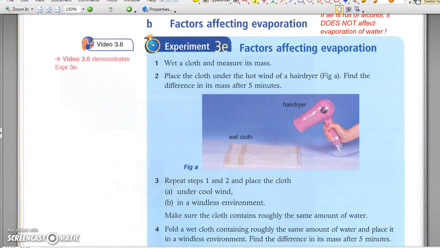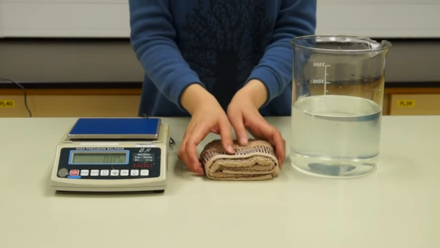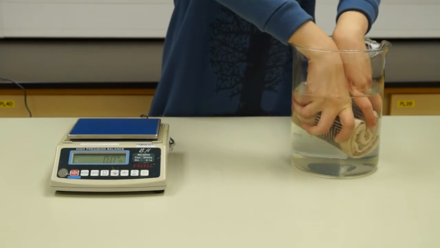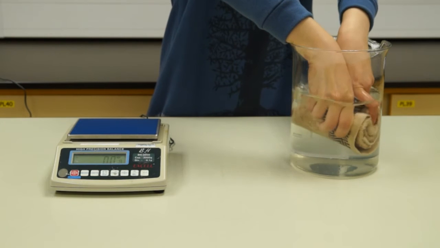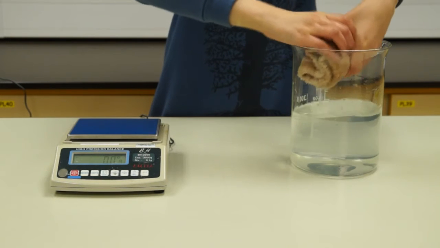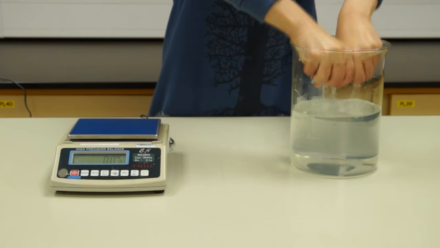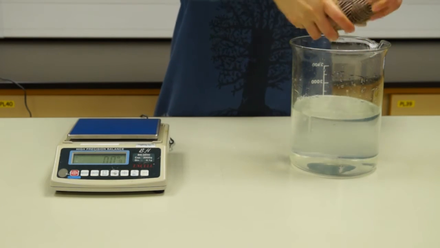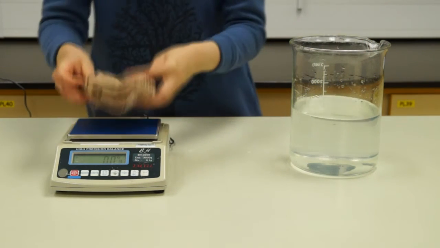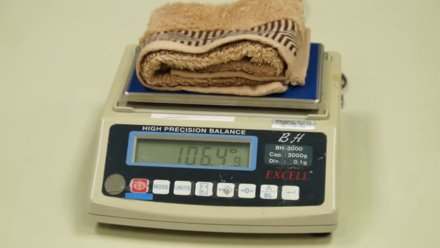B. Factors affecting evaporation. Experiment 3A. Factors affecting evaporation. Firstly, wet a cloth. Then measure the mass of this wet cloth. Record the mass.